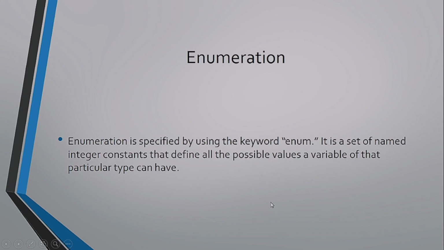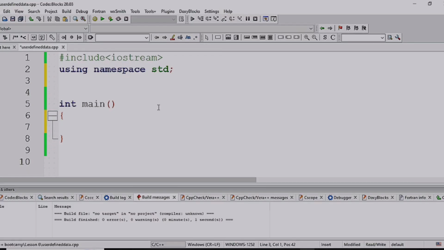Now let's talk about enumeration. Enumeration is specified by using the keyword enum. It is a set of named integer constants that define all the possible values a variable of that particular type can have. So the syntax and the purpose of enum are quite different from the purpose of union and structure.